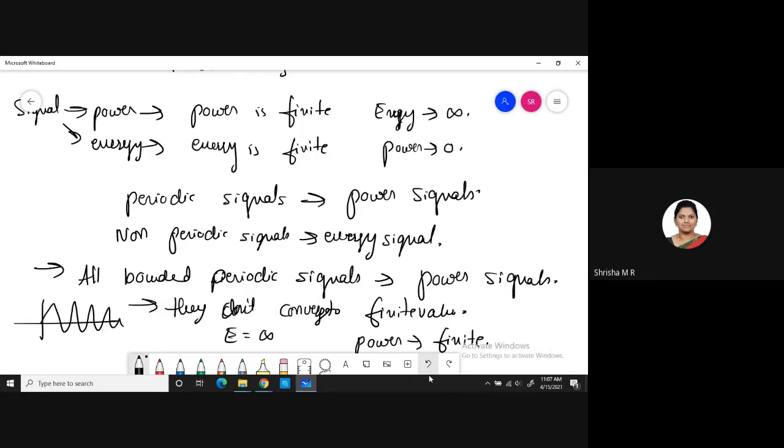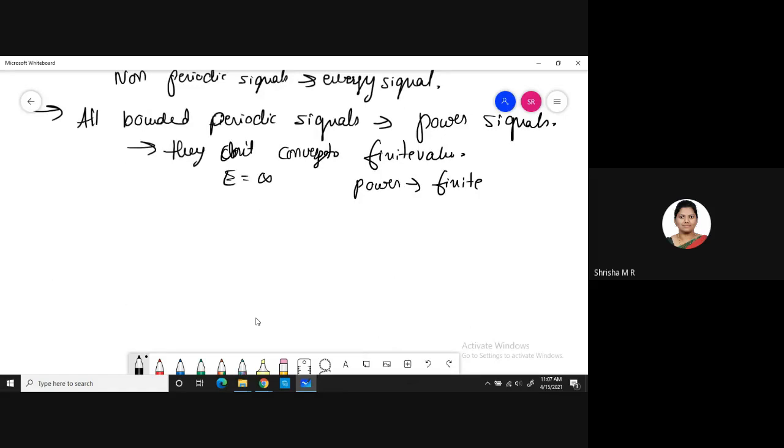So coming to energy of power signals, it will be infinite. Energy of these power signals would be infinite. The best examples of these periodic signals are sine or cosine or some wave like this, which goes on from minus infinity to infinity.